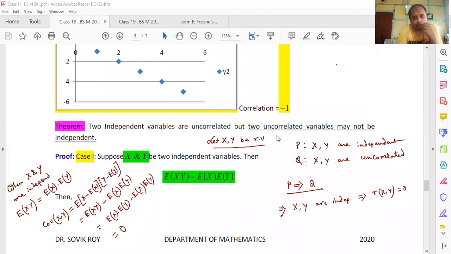So for variables like capital X and capital Y, which are independent, the covariance between them is equal to 0. If covariance between the two variables is 0, this implies that Rxy, which is equal to covariance XY by sigma X into sigma Y, also becomes 0. So this proves that when the two variables are independent, then the correlation coefficient between them is 0.